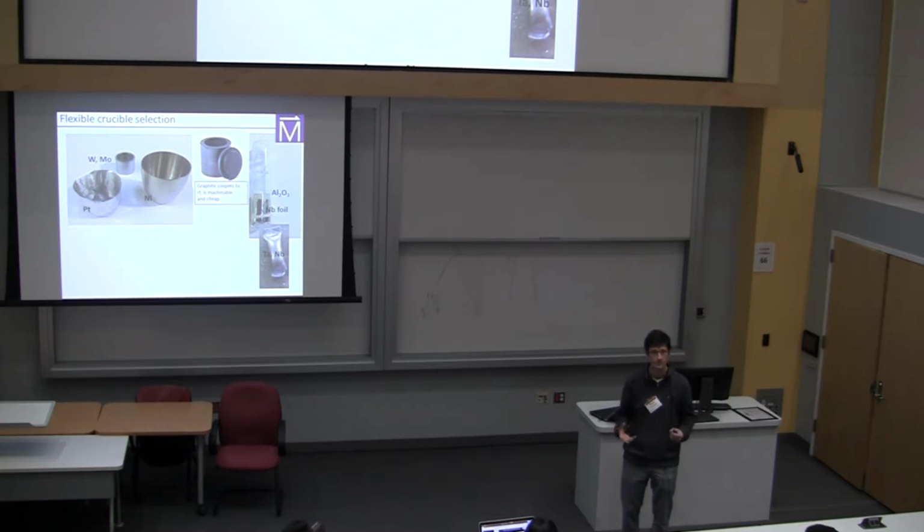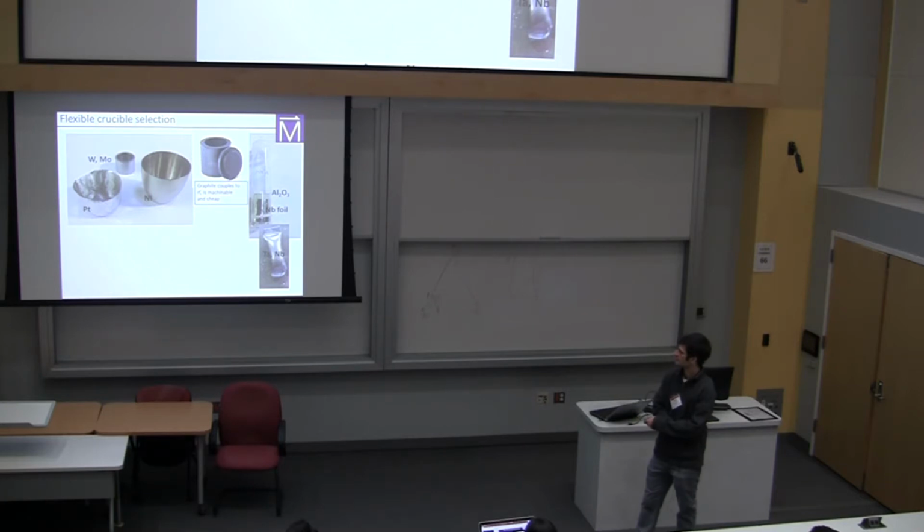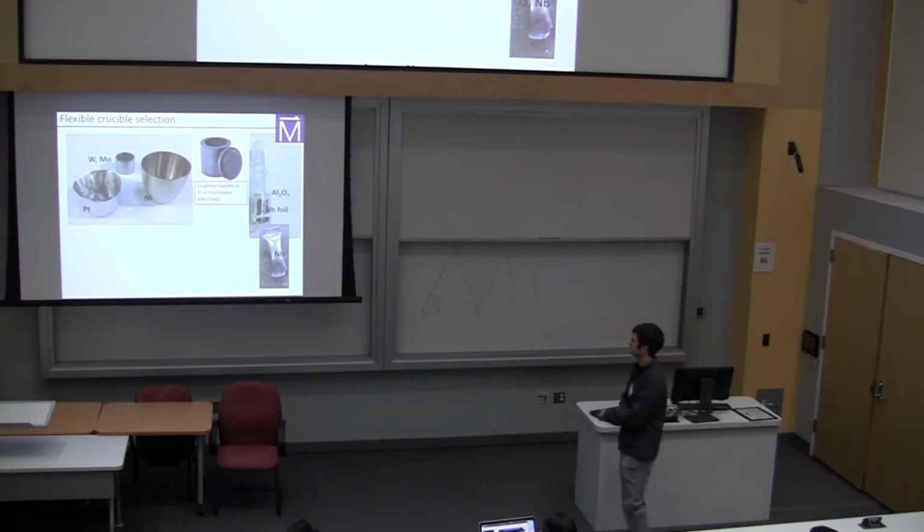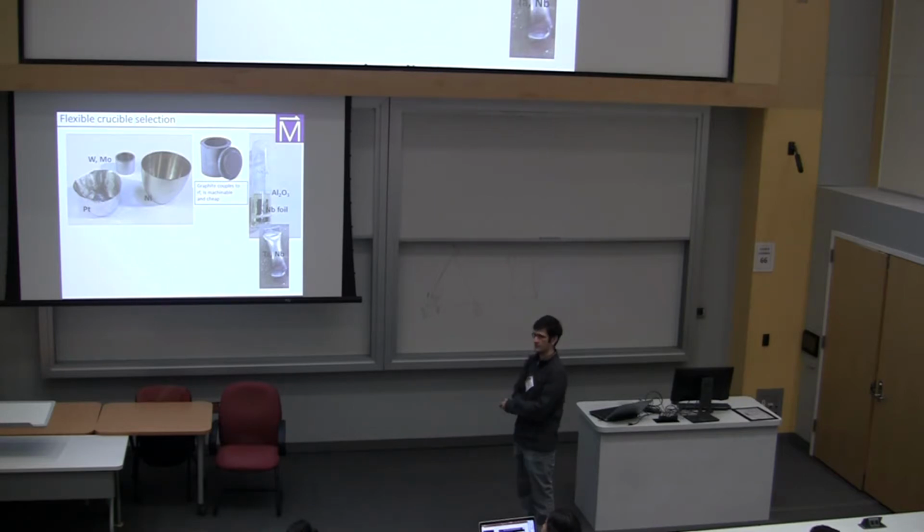We like quartz tubes because we can shape them, we can put reactions inside of them, carry them out fairly easily, but they soften above 1200 degrees C. Right? Some very brave people will take them to 1300 degrees C. The way that you can solve this problem is by using tantalum and niobium tubes, and that's a fairly common thing to do. The other type of crucible that I want to mention are graphite crucibles.